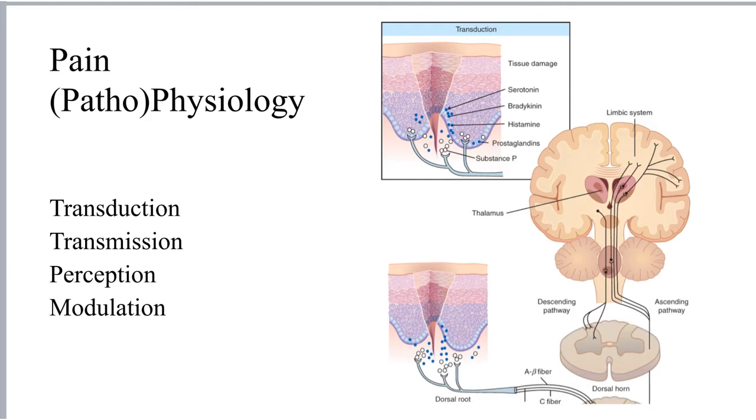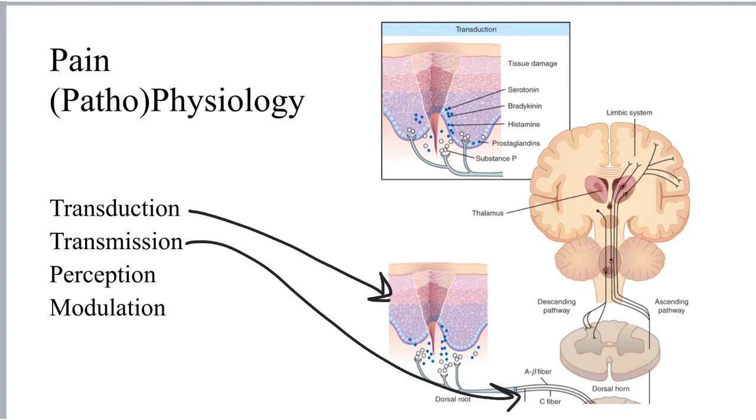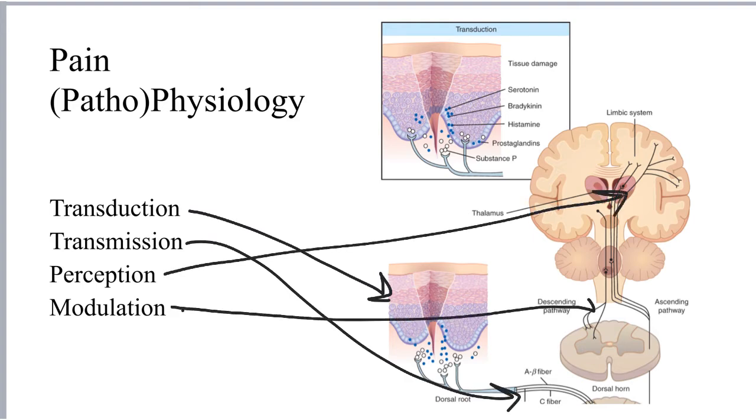Let me quickly remind you of the four stages of pain processing: transduction, transmission, perception, and modulation. At the transduction stage, there are several chemical mediators that are released at the site of damage.